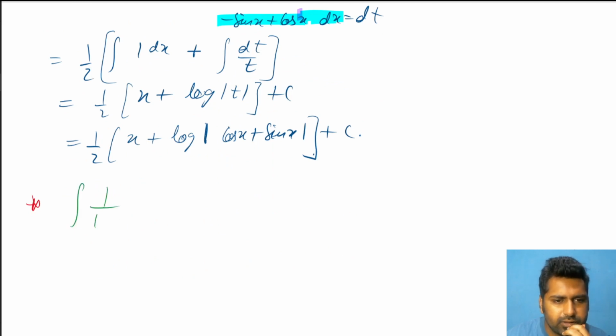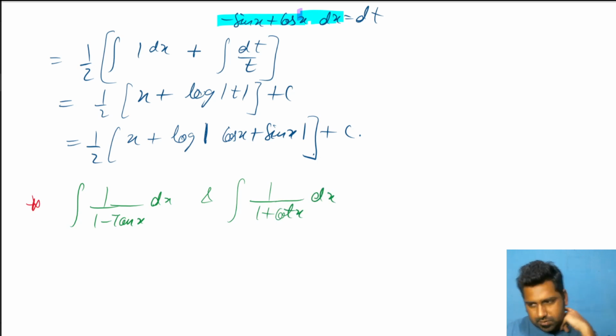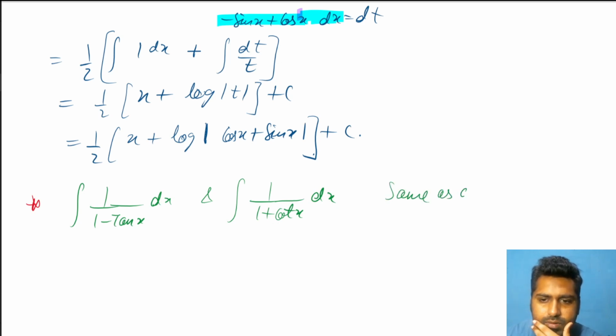Integration 1 upon 1 minus tan x dx. This will be based on the same idea, and integration 1 upon 1 plus cot x. The simpler they are, the more typical the substitution will become. Let's do the same as above for practice.